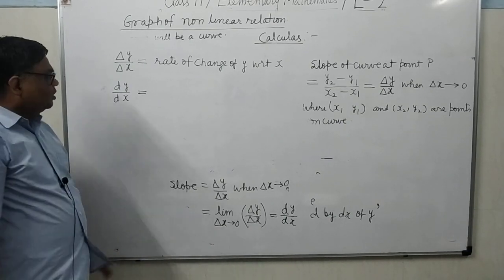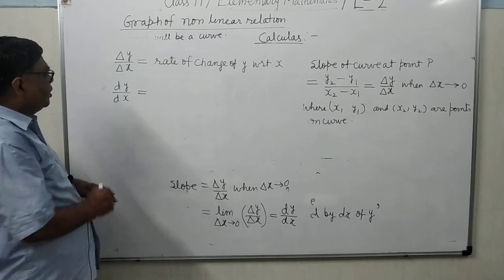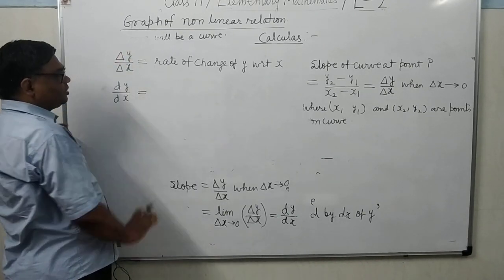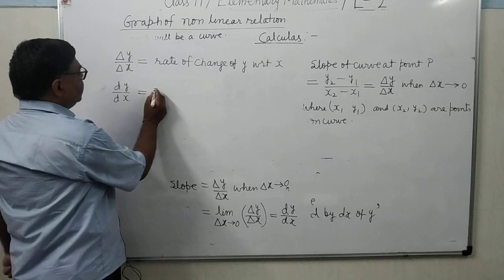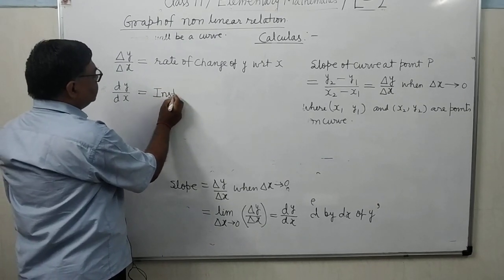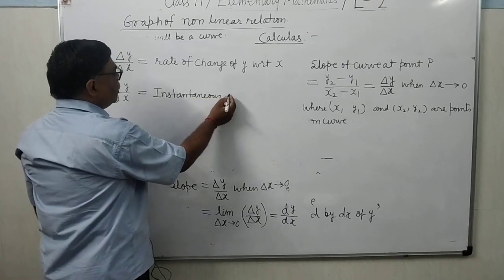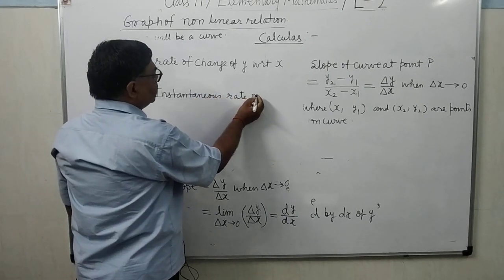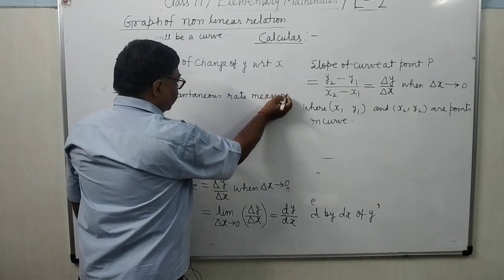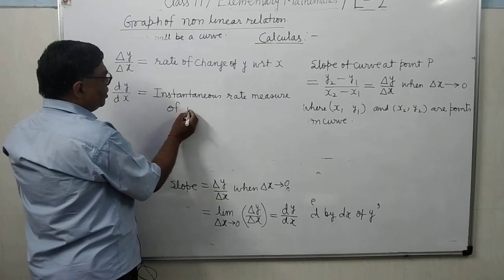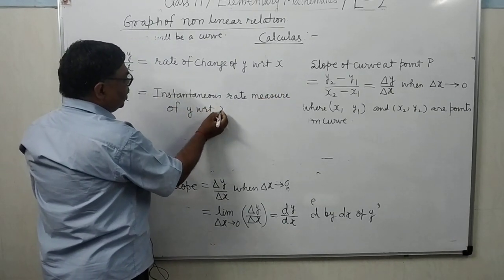It is clear? So d by dx of y is the instantaneous value of this, you can say. It is the instantaneous rate measure of y with respect to x.